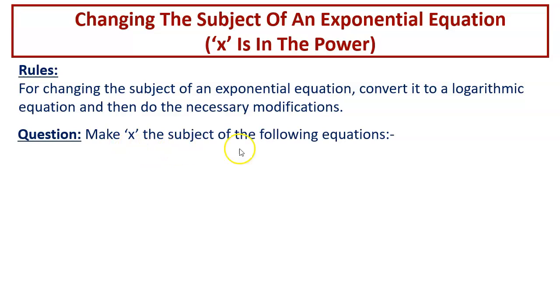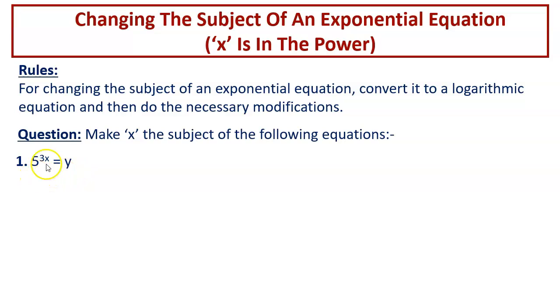Now coming to the questions. Make x the subject of the following equations. Question number 1. 5 raised to the power of 3x equal to y. This is an exponential equation. We have to convert it to a corresponding logarithmic equation. 5 is the base, 3x is the power, and y is the answer.